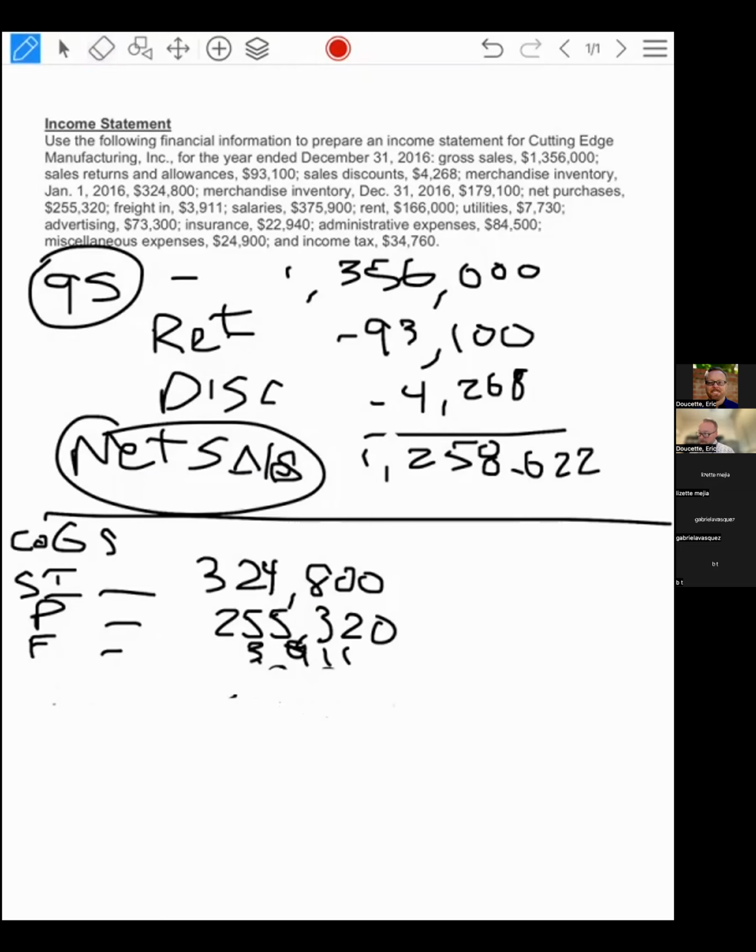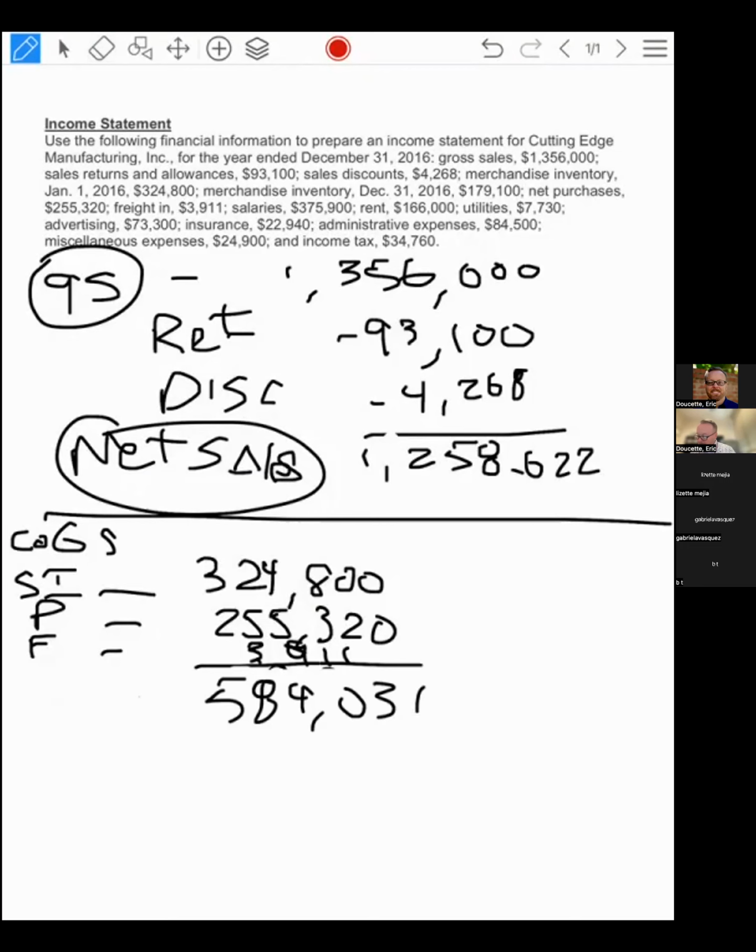Then we have ending inventory, which I already wrote in there, was 179,100. So basically, I'm going to add all these up. I'll add that in a second. So I add all those up, and it comes out to 584,031.